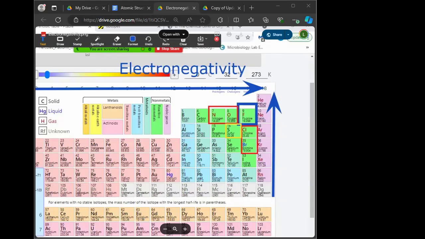So it's really not interested in pulling electrons closer to it. So, right, the most electronegative element is going to be fluorine.